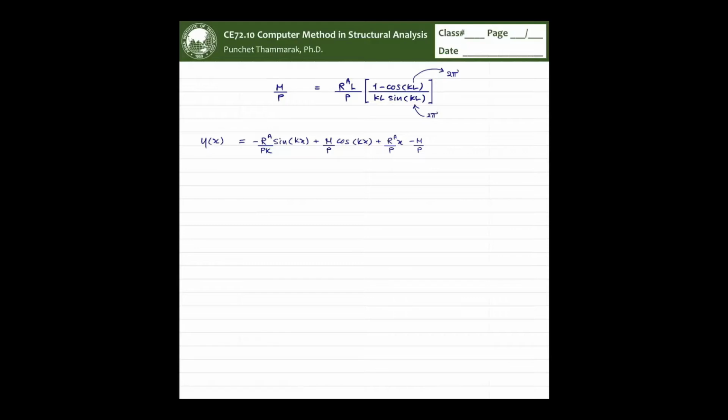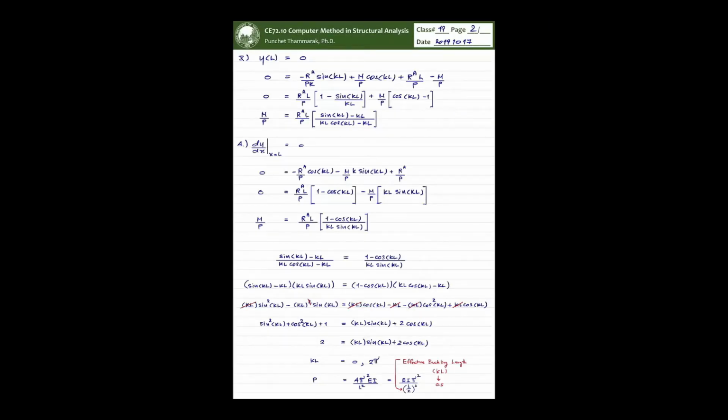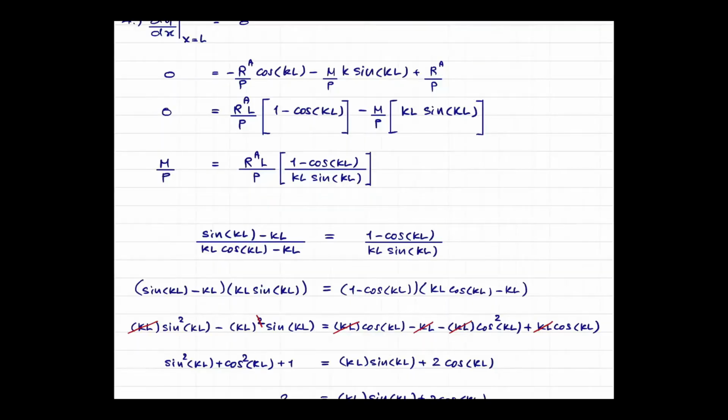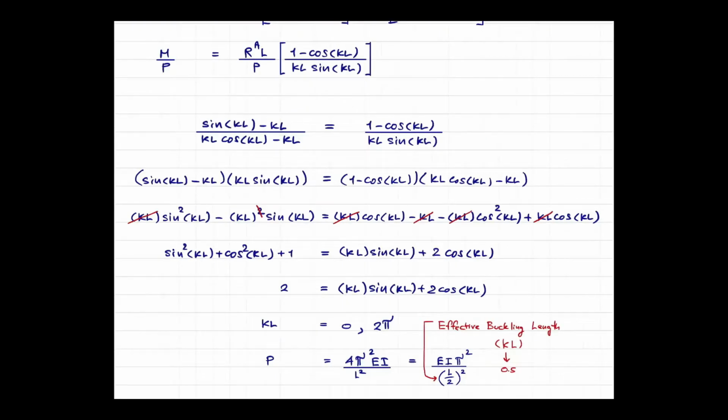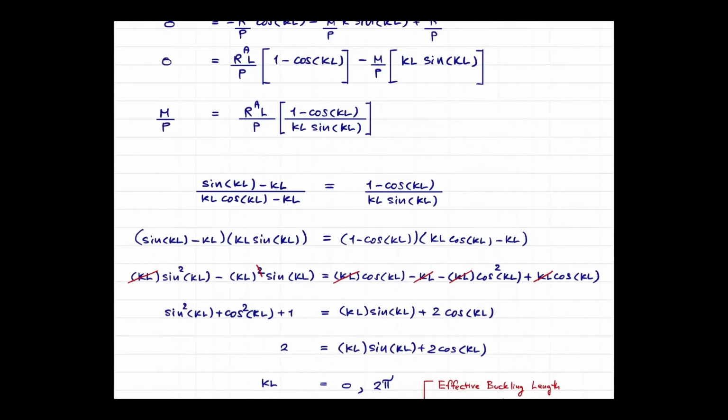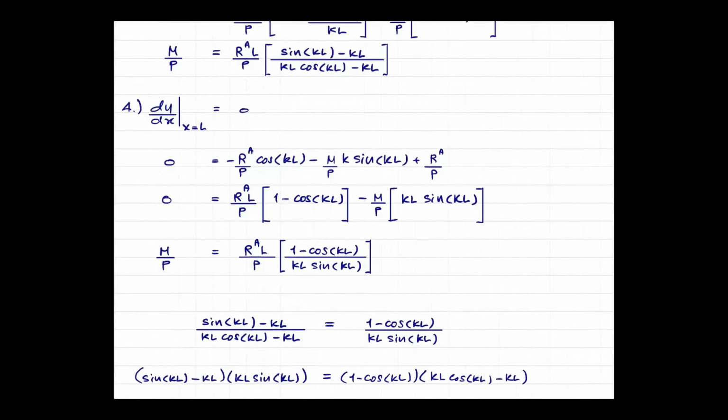The point is the RA and the M are not determined yet. We know the eigenvalue of the system. We are trying to come up with the eigenvector of this system.